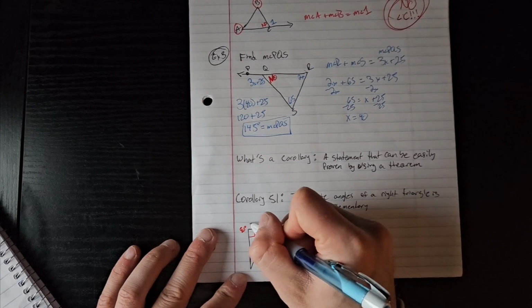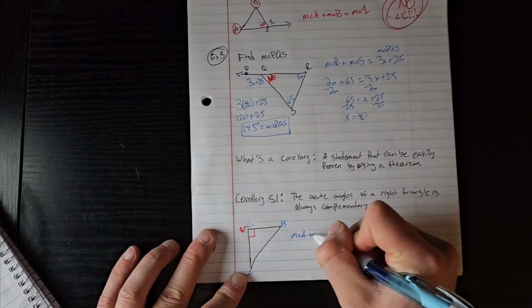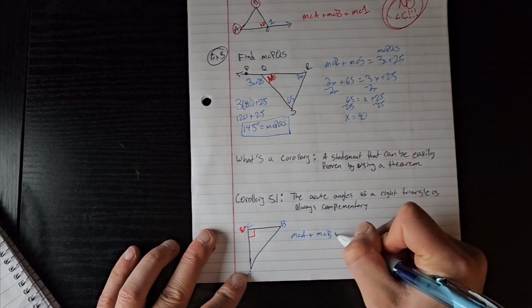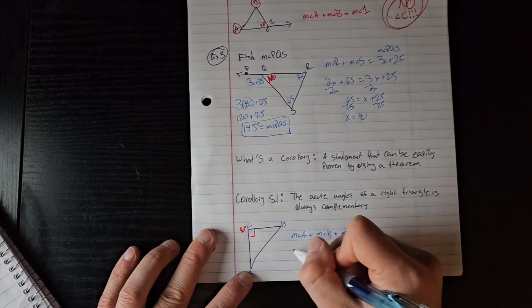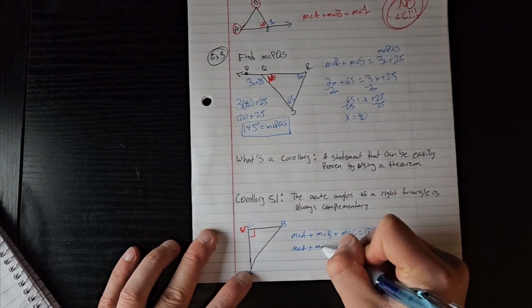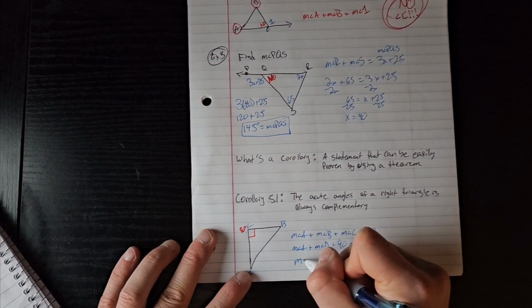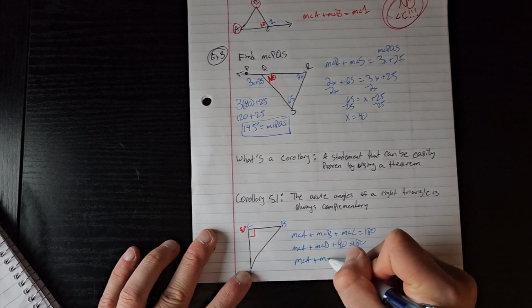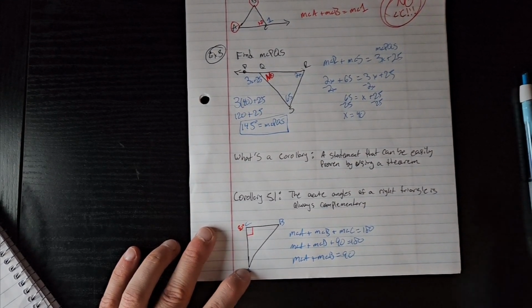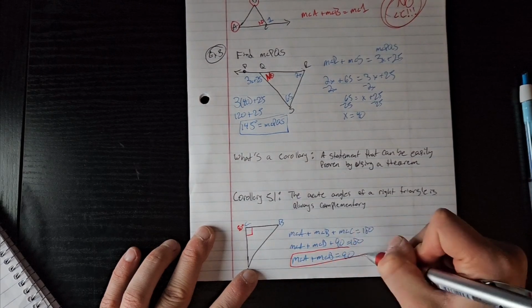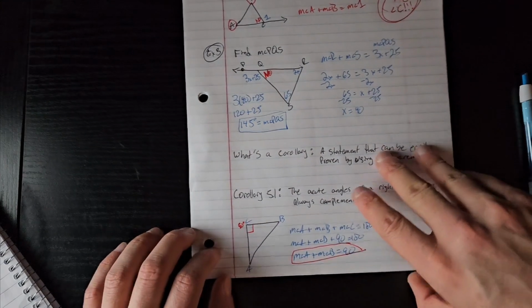So let's just call this C, call it B, call it A. So we have our measurement of angle A plus measurement of angle B plus measurement of angle C equals 180 degrees. So A plus B plus 90 equals 180. And that will lead us to the measurement of A plus the measurement of B equals 90. Subtract the 90 on both sides. That's a very informal proof, but that's what this statement is saying to us.